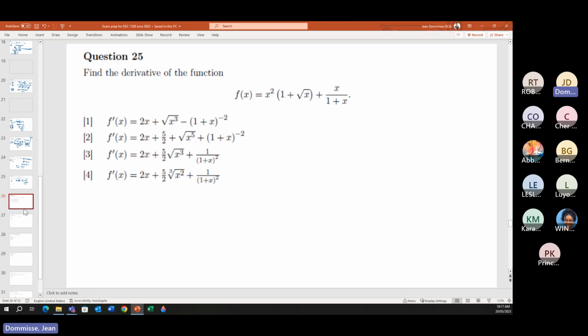Okay, so this one is a bit more difficult. Find the derivative of this function. Phew. Okay, so when I look at all of those, let's quickly see, they've got three terms.